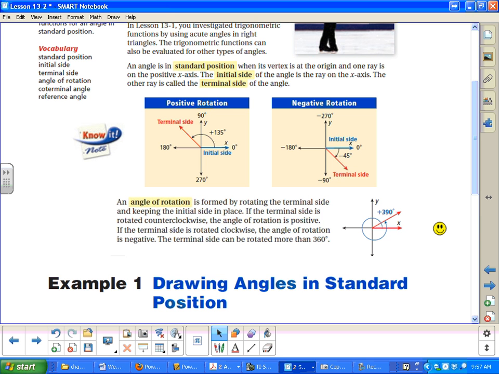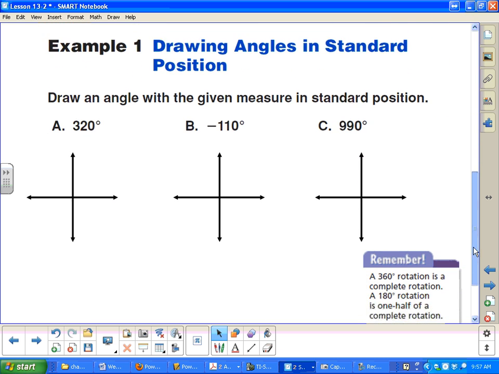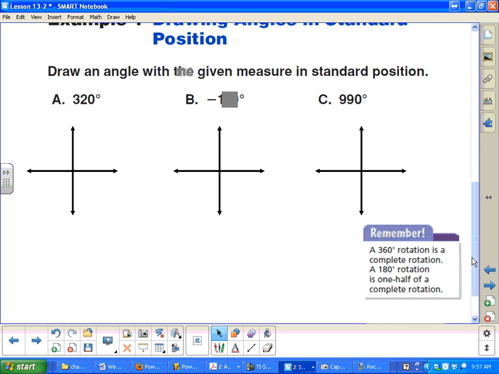Our first example is drawing angles of rotation. Here we have three angles: 320 degrees, negative 110, and 990 degrees. For the 320-degree angle, it would help to make sure we know where each section is. This is positive 90, positive 180, positive 270, and positive 360, or 0.